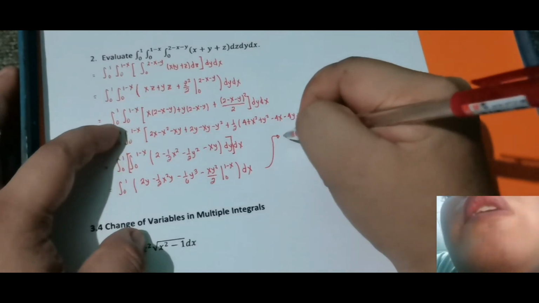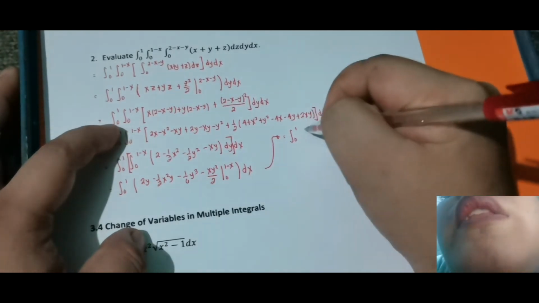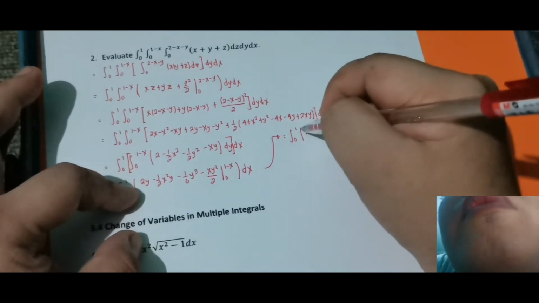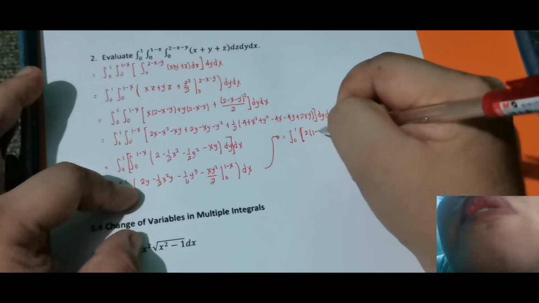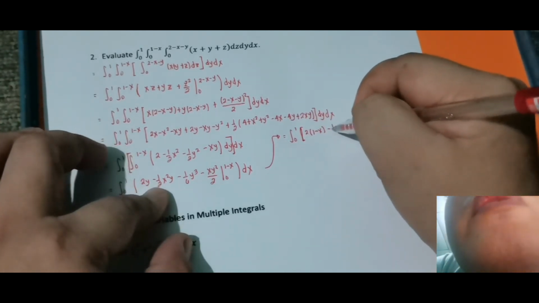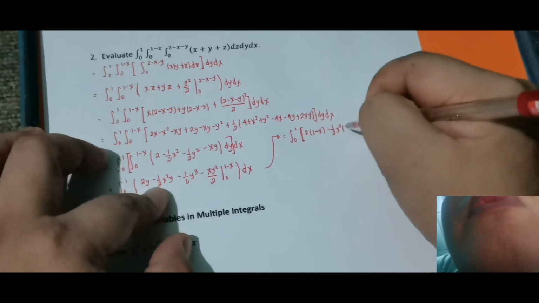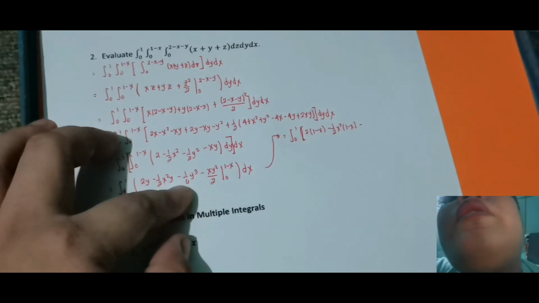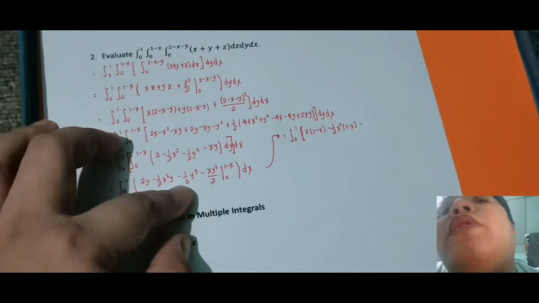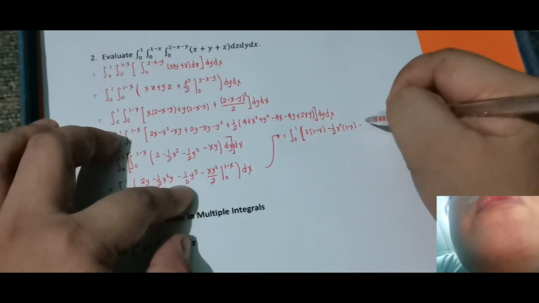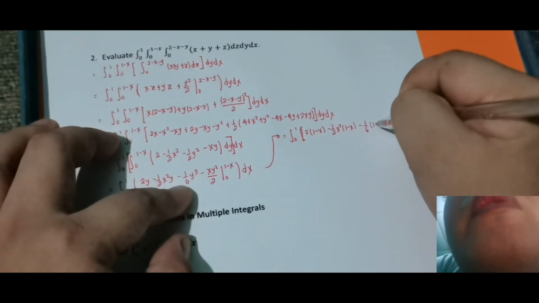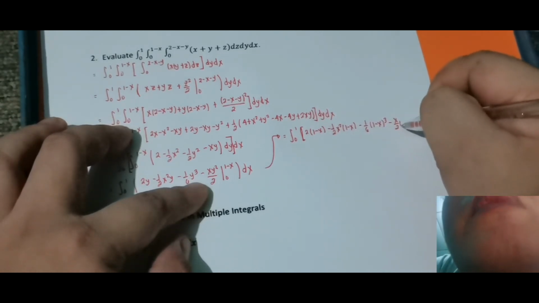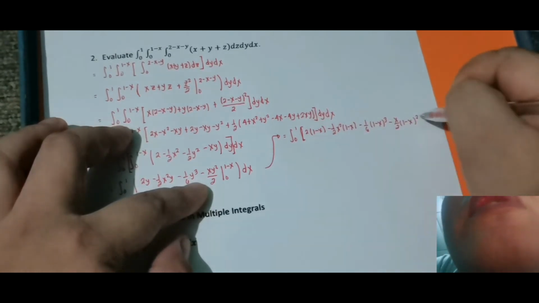So, this is just equal sa integral from 0 to 1 ng 2 times 1 minus x, minus 1 half x squared times 1 minus x, minus 1 over 6 times 1 minus x raised sa 3, then minus x over 2 times 1 minus x raised sa 2.